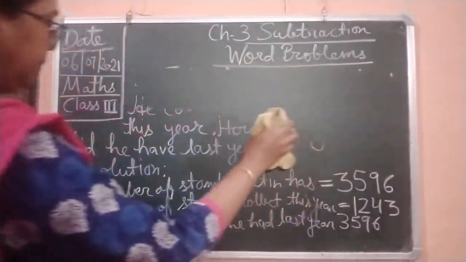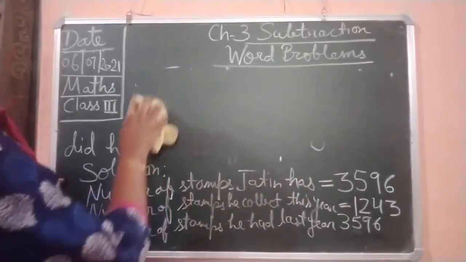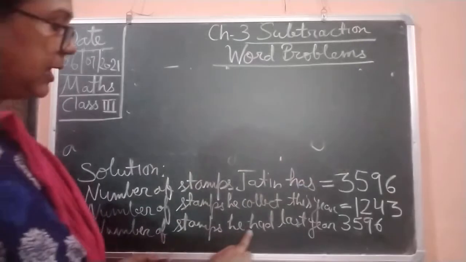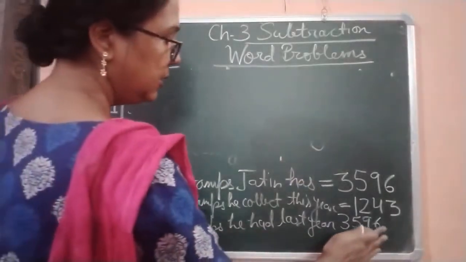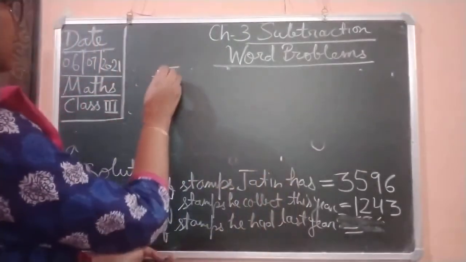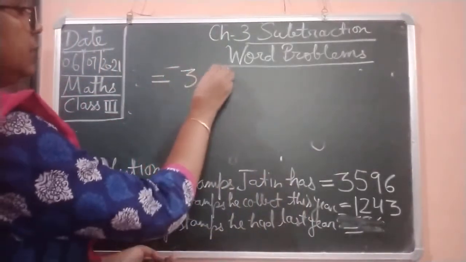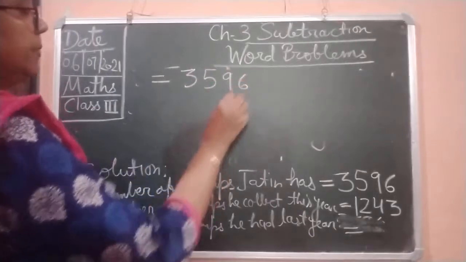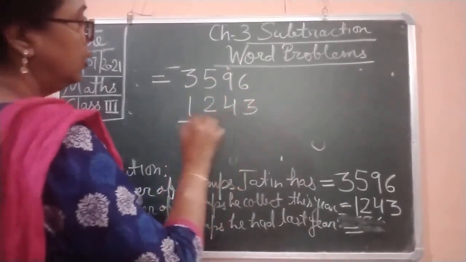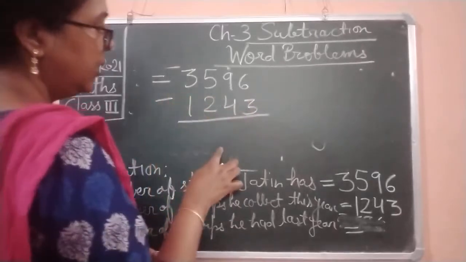So that is why I am going to erase this. So number of stamps he had last year equal to 3596 and 1243. Okay, we are going to subtract this.